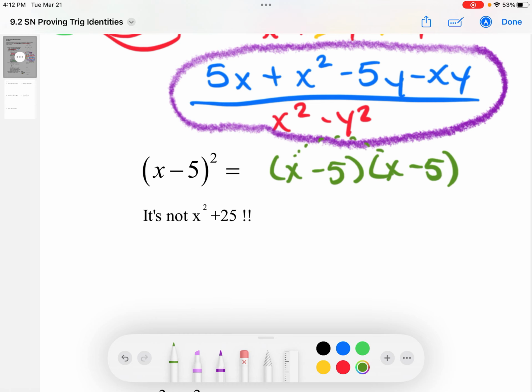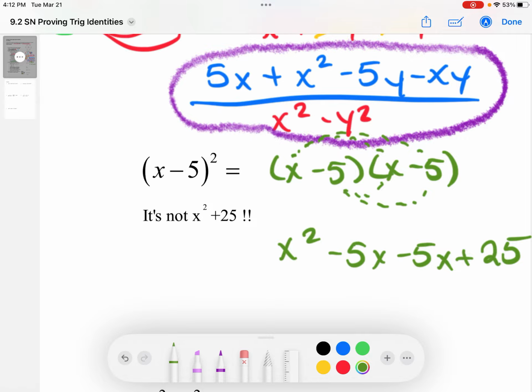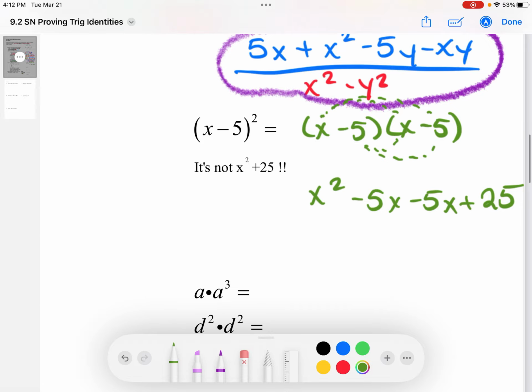So x times x, x squared, minus a 5x, minus another 5x, minus times minus is plus 25. And now we do have these terms in the middle that will combine. They are both x's.